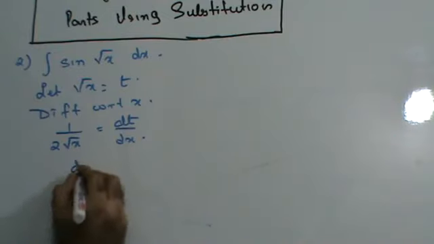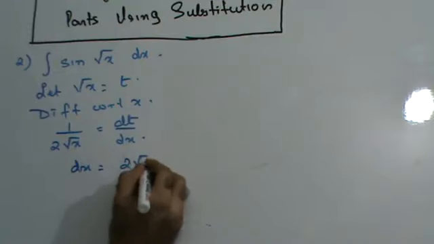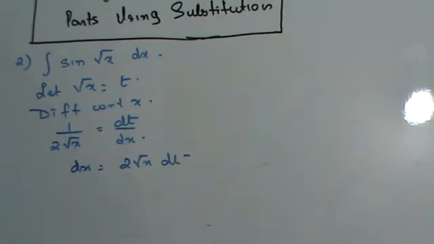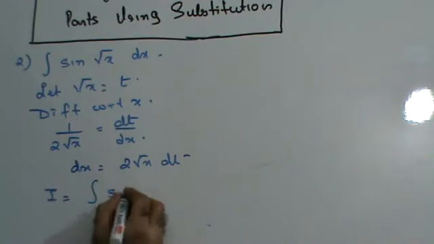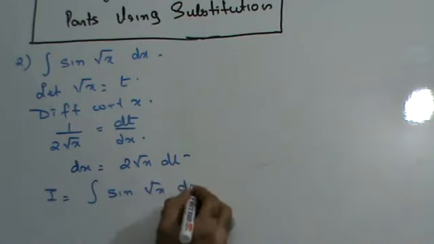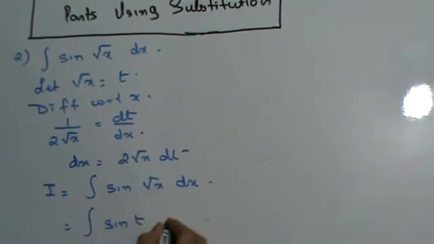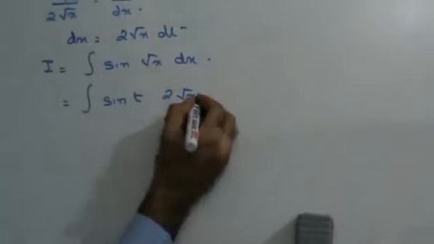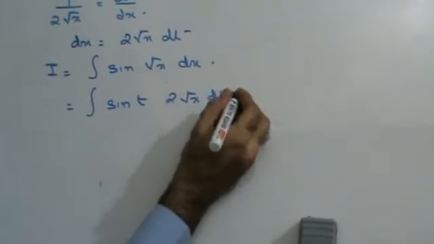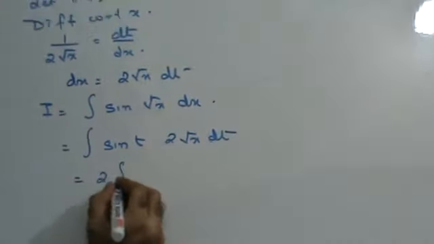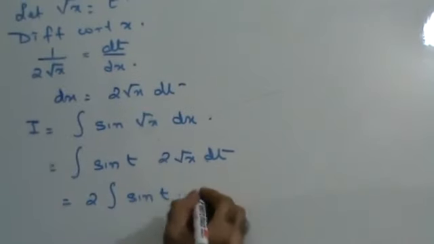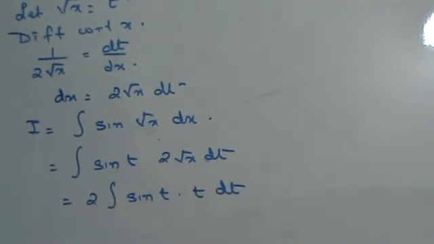So in that case you will get dx is 2 root x dt. You just make that correction here. So I is integral of sine root x dx. This can be written as integral of sine t, dx can be written as 2 root x dt. This can be written as 2 times integral of sine t. Root x can be written as t dt.